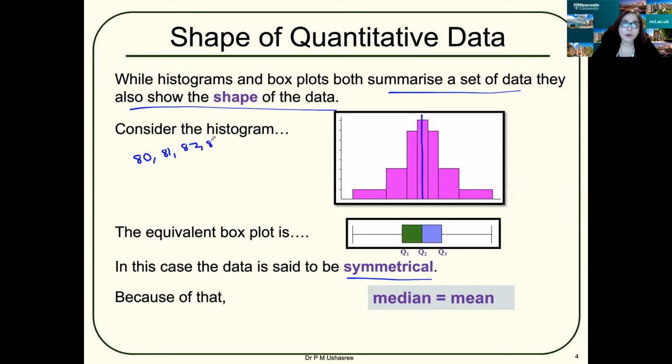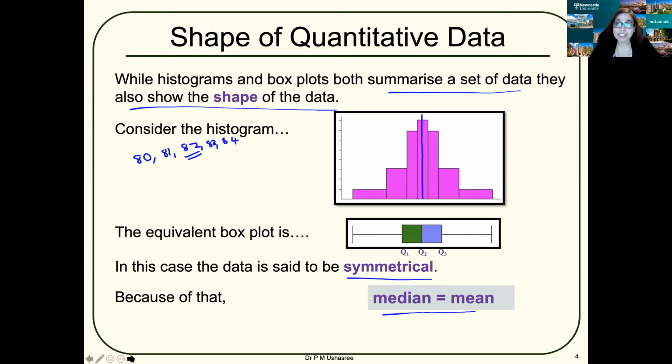This is the score of 5 students in a class, let's take it as a maths test. What is the median? 82. What is the mean? 82. For this set of data, the data looks like a symmetrical set because the mean and the median are equal. So for symmetrical data, the median is equal to the mean.